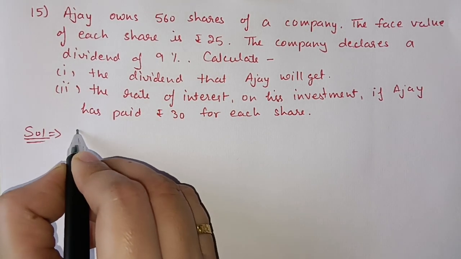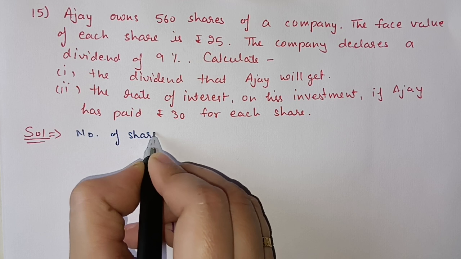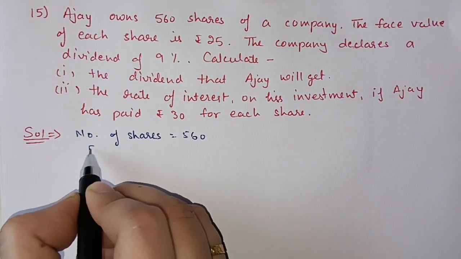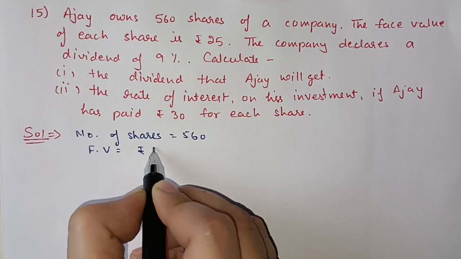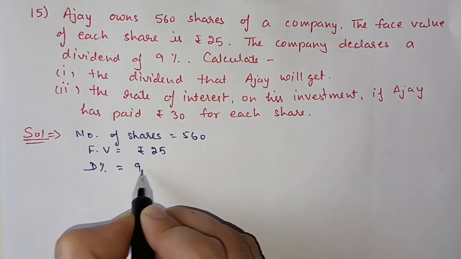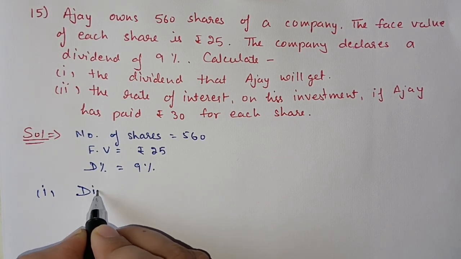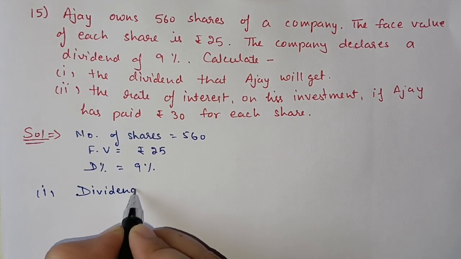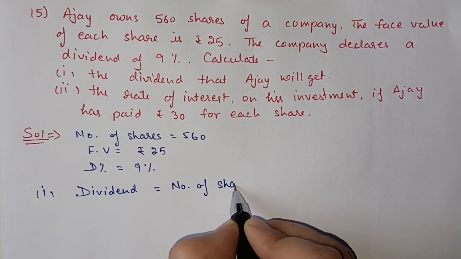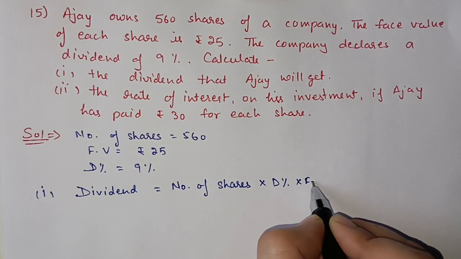So first they have given here number of shares equal to 560 shares. Face value is given equal to 25 rupees and dividend percentage is given 9%. In the first part we have to calculate dividend. Dividend is equal to number of shares into dividend percentage into face value.